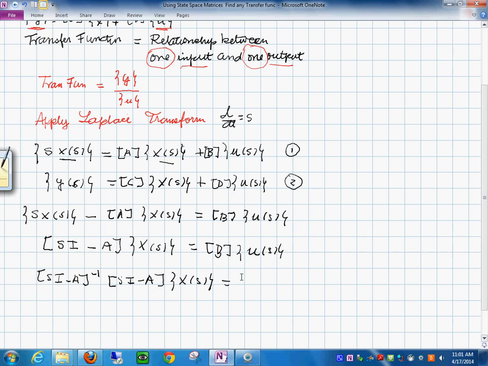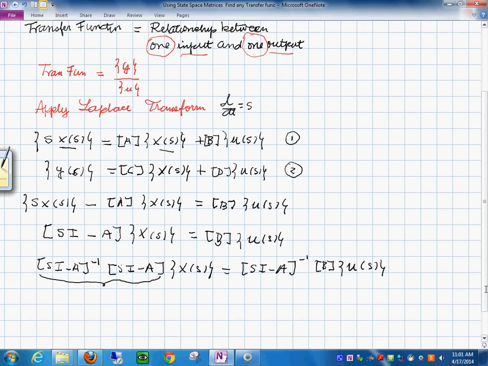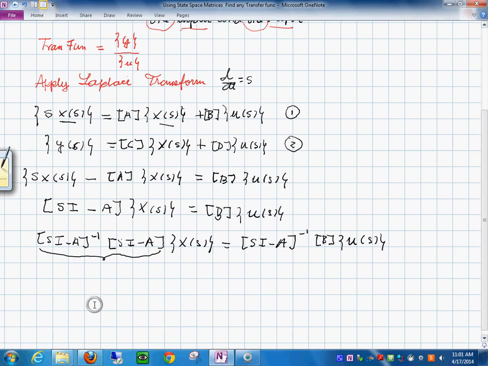And this is like sI minus A, like this, inverse, and then B, and then U of s like this, yeah? What is this? If you multiply the inverse by a matrix, what do you get? This is a basic operation.